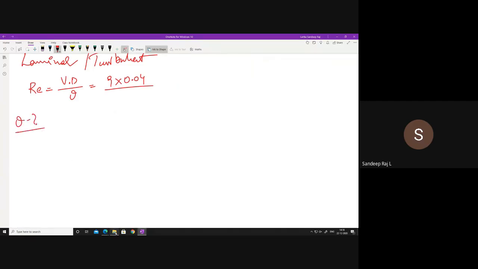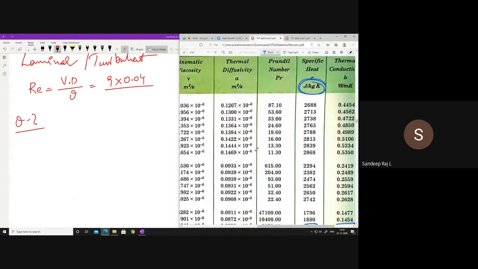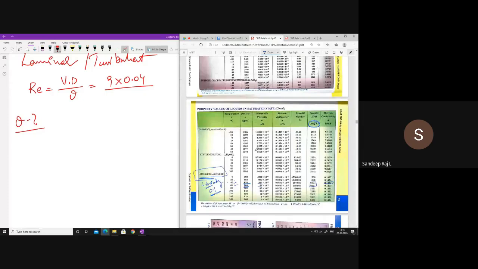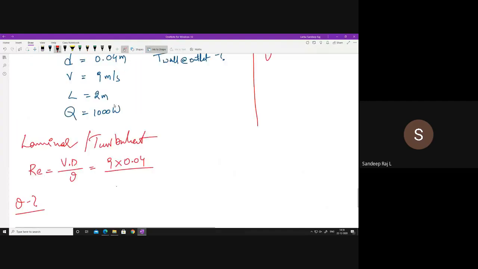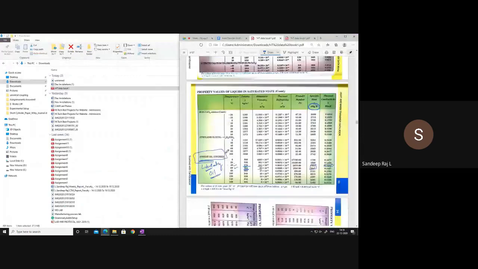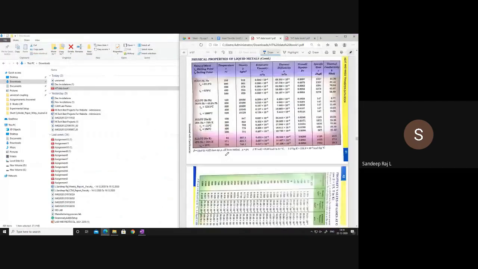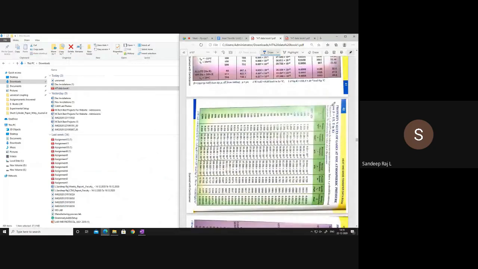So for that, you have to go to the data book, properties table. What is the material here? Material here is given as air. So for air, you have to go to page number 42. Remember this page number 42. Many times questions are asked from air. Page number 42.